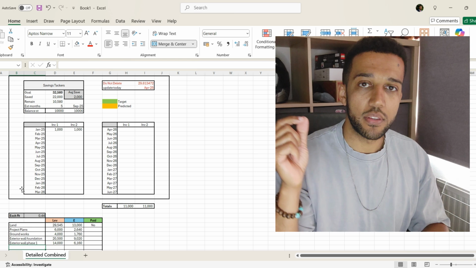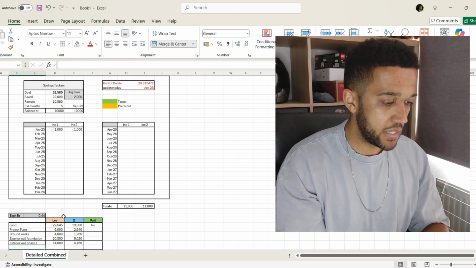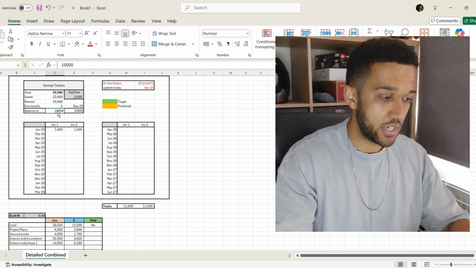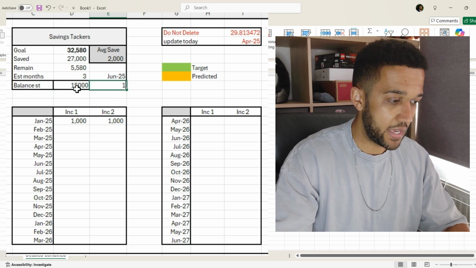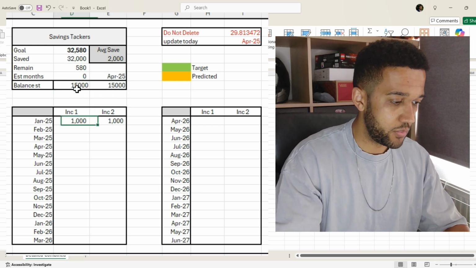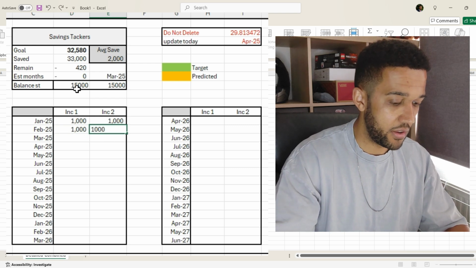The only other point that is quite good about this spreadsheet is, for example, let's say we both started off with 15K and we have managed to save, I don't know, 1,000.